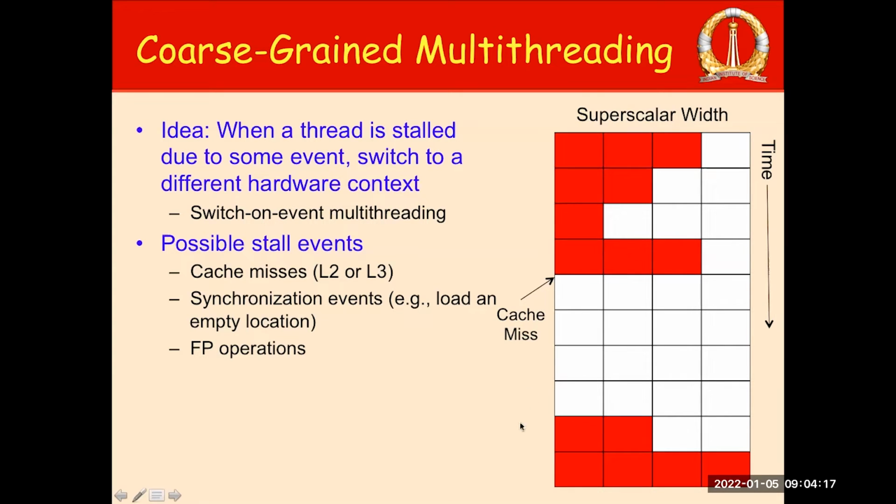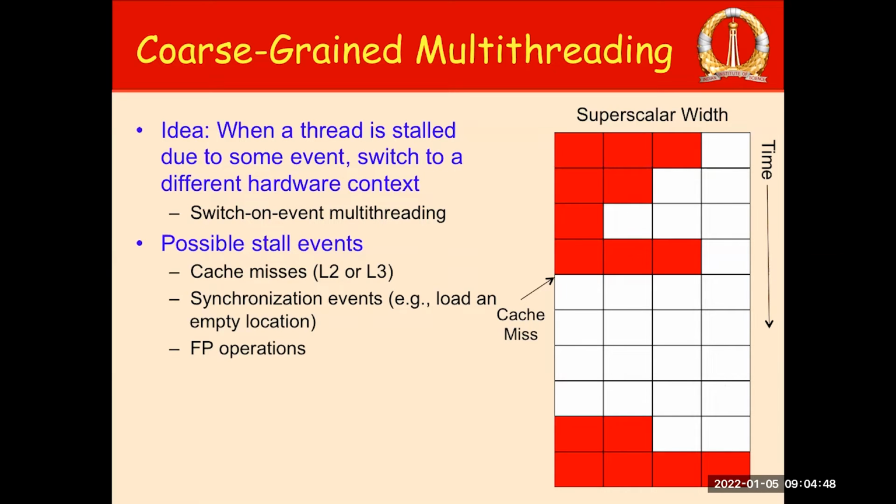When the pipeline is stalled, you could wait for the long latency operation to complete and after that resume instructions from the same thread, in which case you would have wasted 4 cycles. In fact, from the superscalar point of view, because you could execute 4 instructions in each cycle, if you waited for 4 cycles, you have essentially wasted 16 slots of instruction execution.